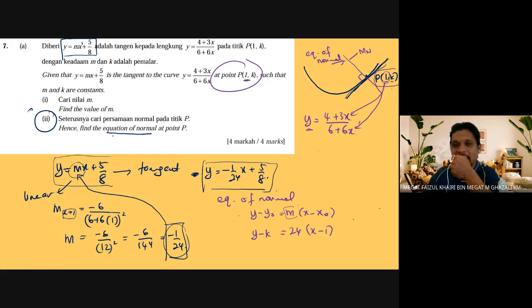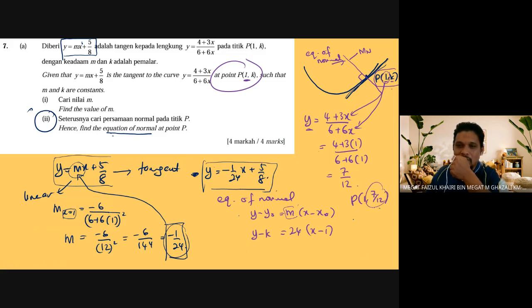Yes. Okay, so then it is now 4 plus 3 times 1 divided by 6 plus 6 times 1, equal to 4 plus 3 equal to 7, 6 plus 6 is equal to 12. So the coordinate of P when x equal to 1, y equal to 7 over 12.